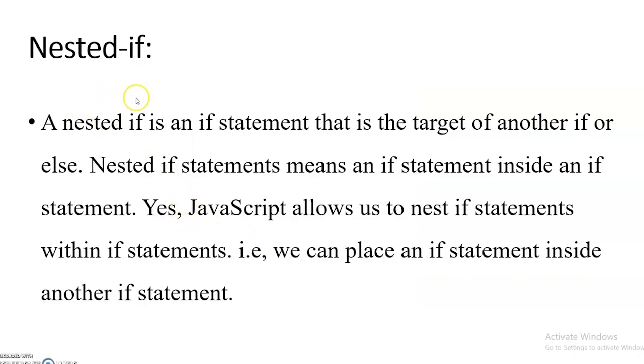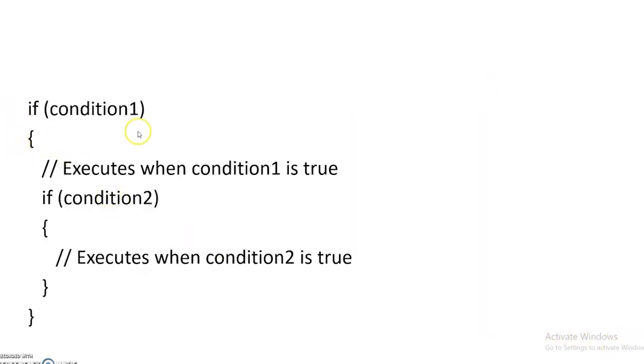Next is nested if. A nested if statement means an if statement inside another if or else statement. A nested if is an if statement that is the target of another if or else. The syntax is: if condition 1, then execute the true statement.